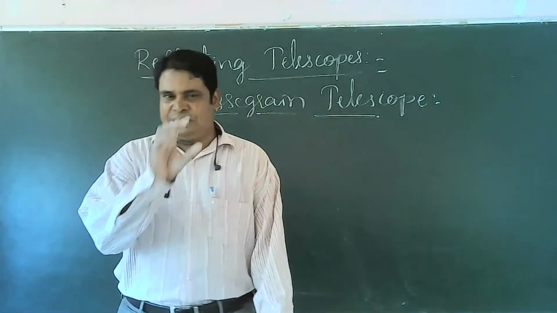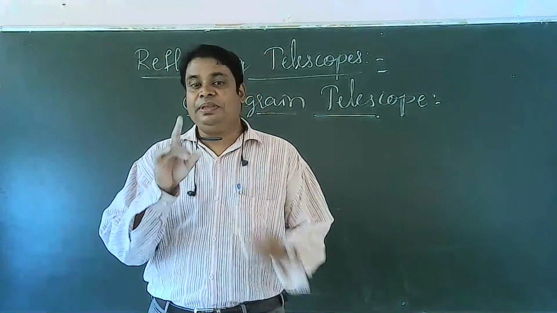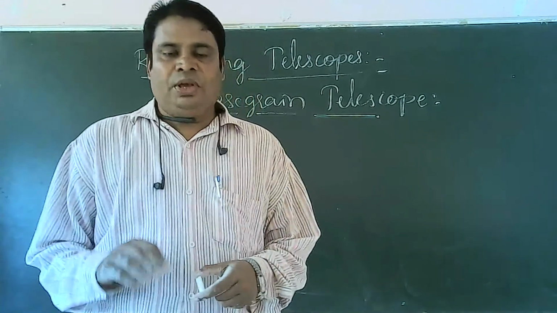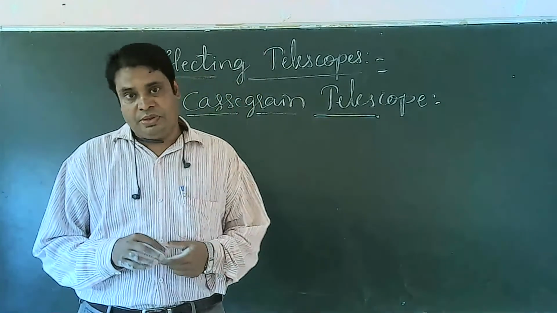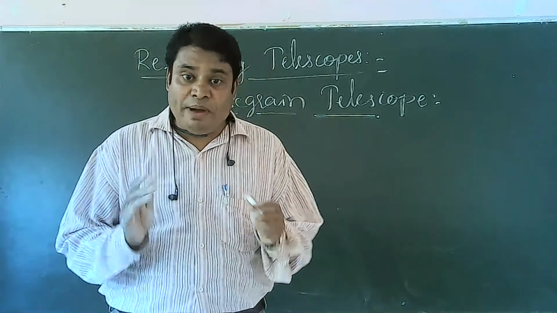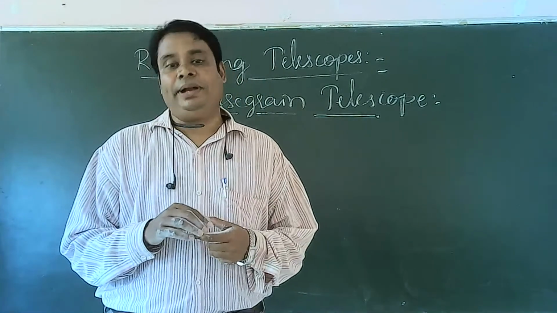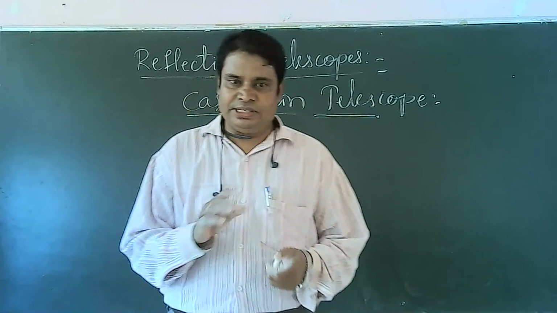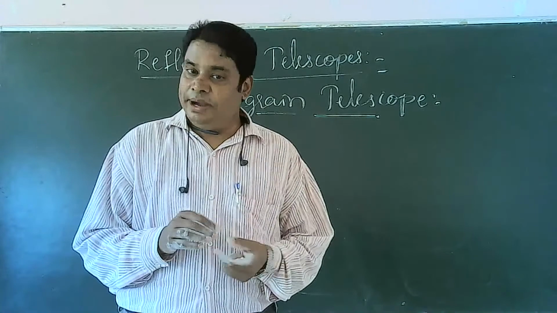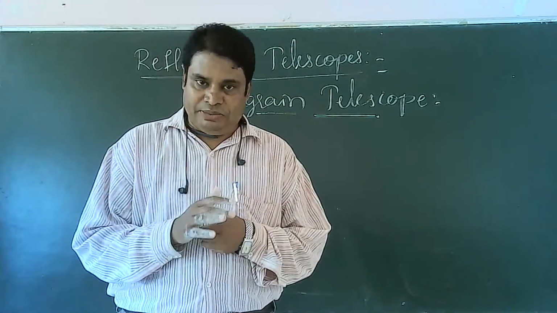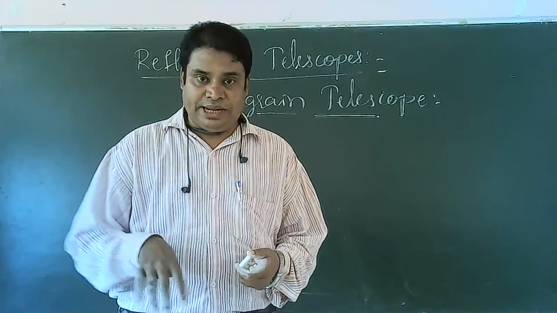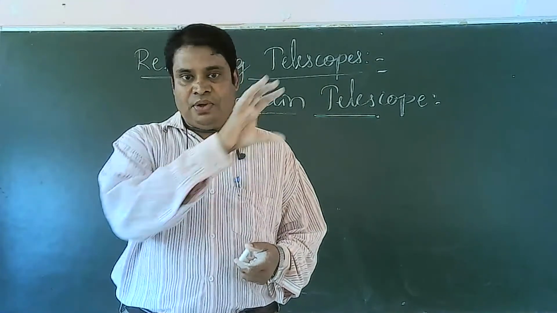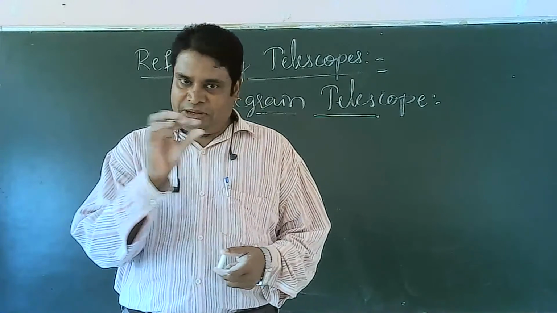These reflecting telescopes have some advantage as compared to refracting telescopes. How? First thing, in a refracting telescope, there is a chance of chromatic aberration. What do you mean by chromatic aberration? I will explain simply. It's not very much a concern for this year. Chromatic aberration means when a ray of composite light is incident on a lens, different colors will meet at different points.